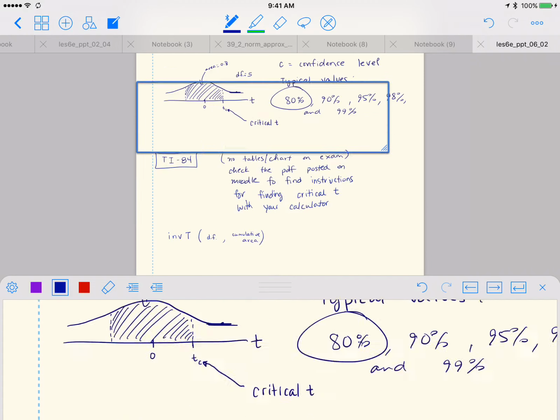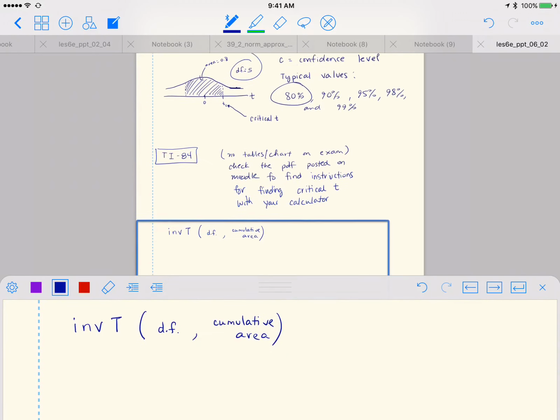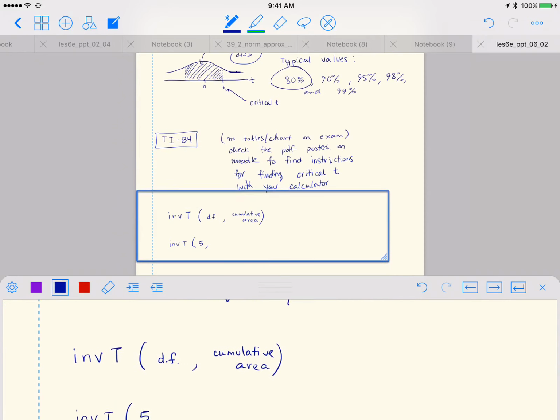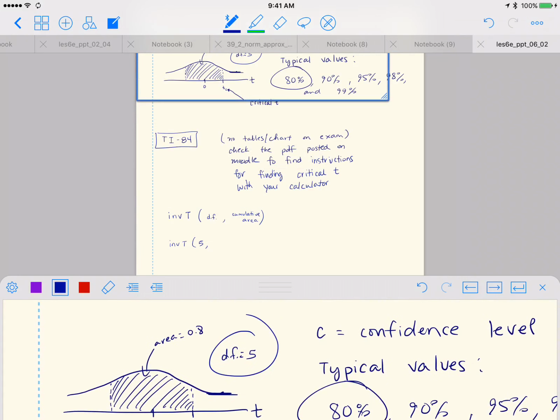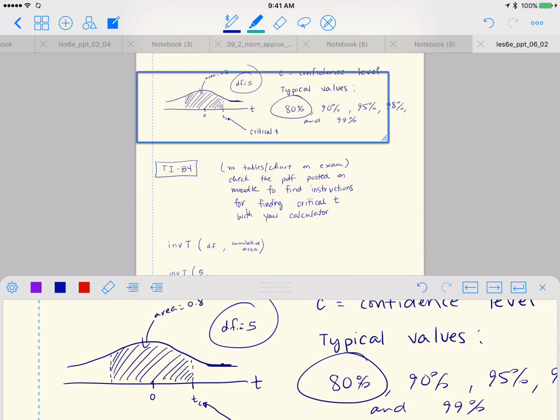So in this example, remember I said degrees of freedom equals 5. So I would need inverse T, and I would put 5 here for my degrees of freedom. And to find the cumulative area, remember the cumulative area is the area to the left. So I need to give it this area right here. And now what area is this?